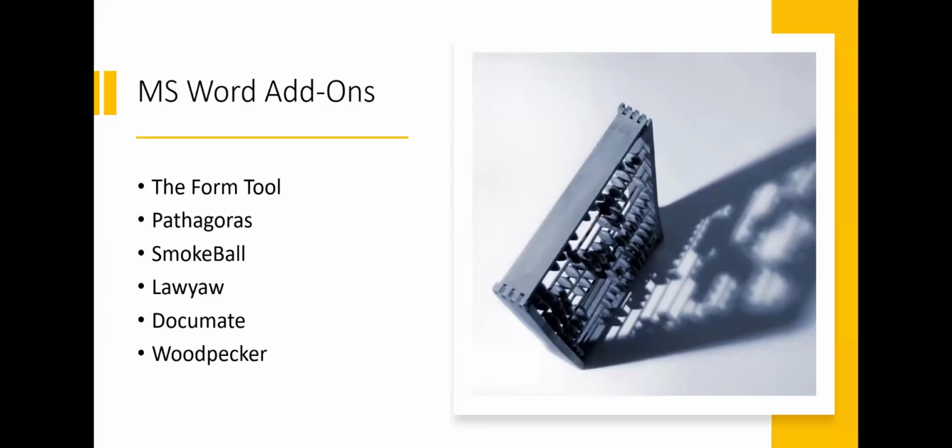Smokeball is a full practice management application, but the basis of the product was sophisticated document assembly. It does require that you have Microsoft Office and are using a Windows machine. And then there are other tools like LawYaw, Documate, and Woodpecker. These are all available as standalones, but they are also now integrated with various practice management applications.